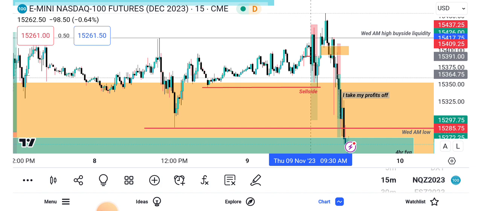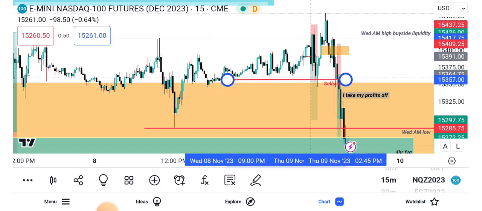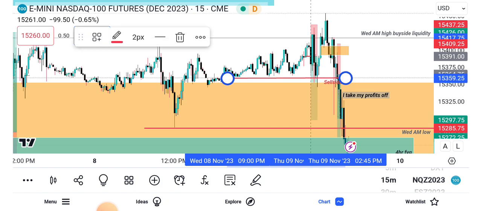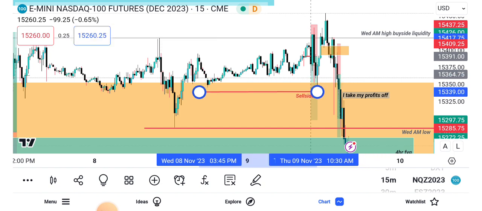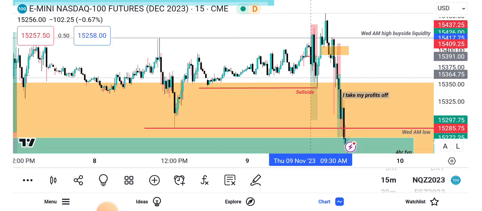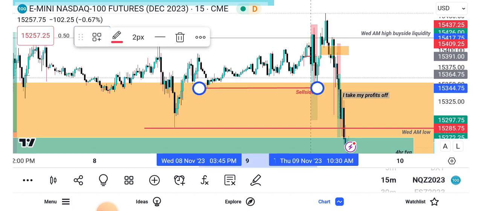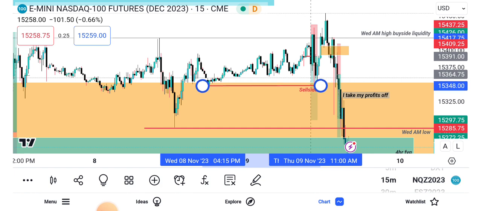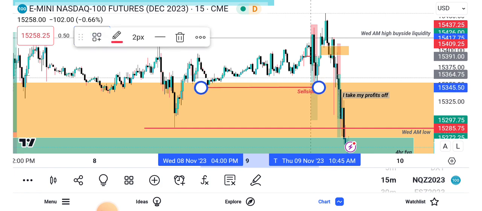So I had these previous liquidities, but they were engaged, and when the market was at this point, I just traced lower because it had formed relatively equal lows, you can see. My previous target was at this point, and then I dropped it lower.